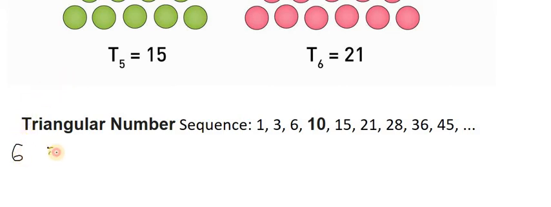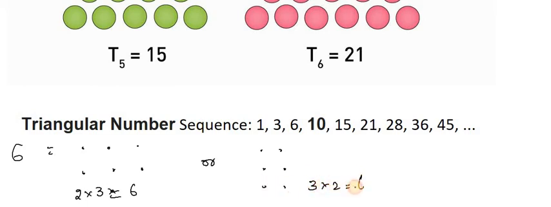For example, 6 is there, 1, 2, 3, 4, 5, 6, that is 2 3s are 6, or 3 2s are 6.